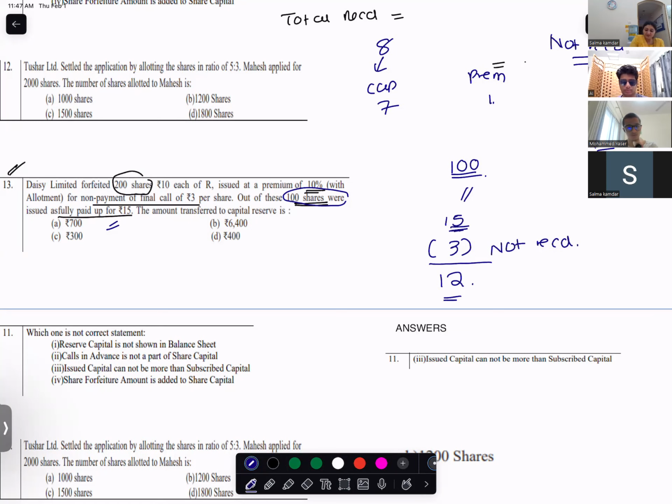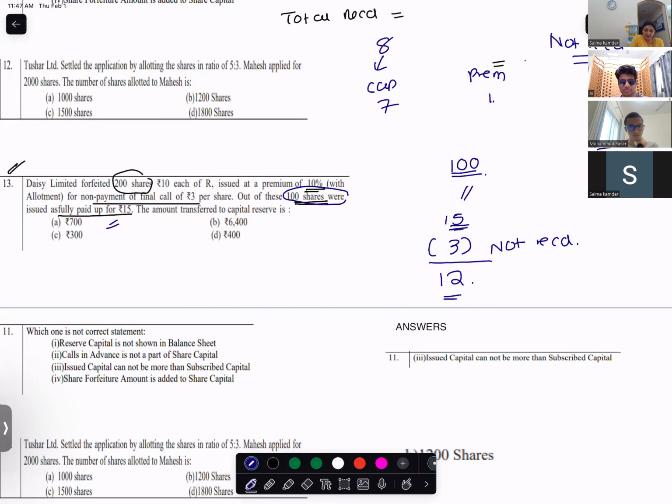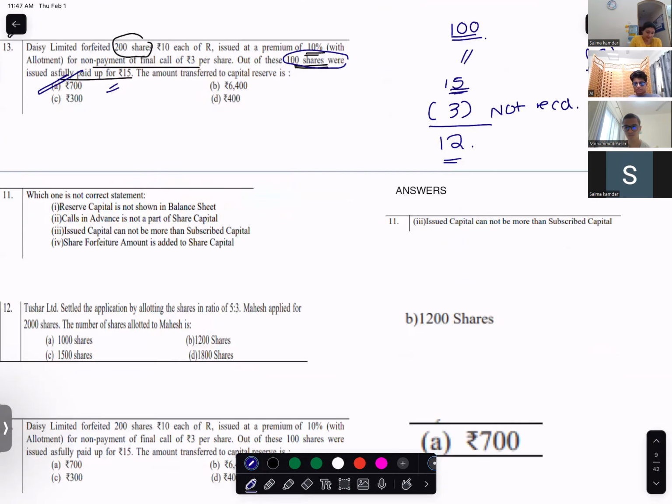From this face value, I have to adjust the not received 3. So 7 will be transferred to capital reserve. The premium money always goes to securities premium. So 7 into 100 should be 700.